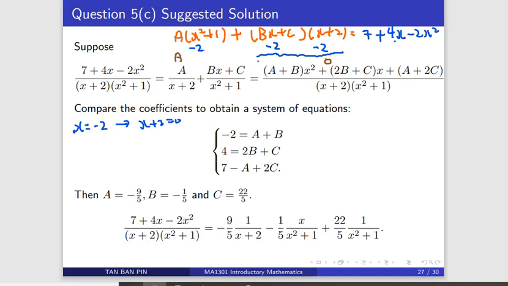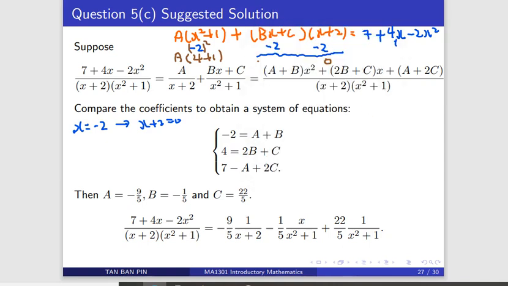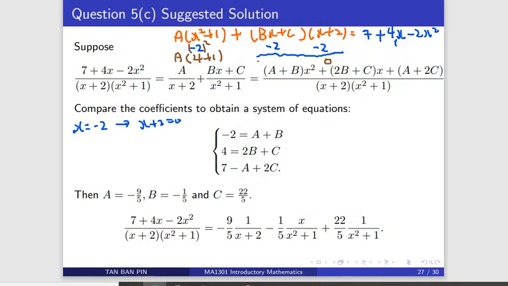So it will be a bracket minus 2 square. Sub x is minus 2. Minus 2 square gives you 4. So it's 4 plus 1 equal to, you sub all the x as minus 2, so here it should be 7 plus 4 times minus 2, then minus 2 square.